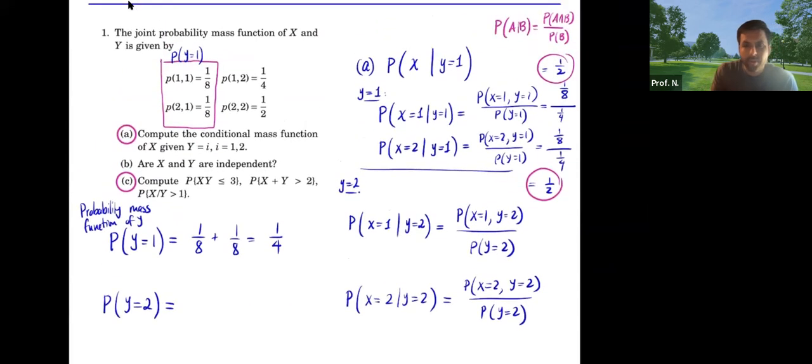Well, add up all the different values for x, and then you'll get the probability of y equals 2. So what's a fourth plus a half? 3/4, right? So then you would get 1/4 divided by 3/4, and then you would get 1/2 divided by 3/4.